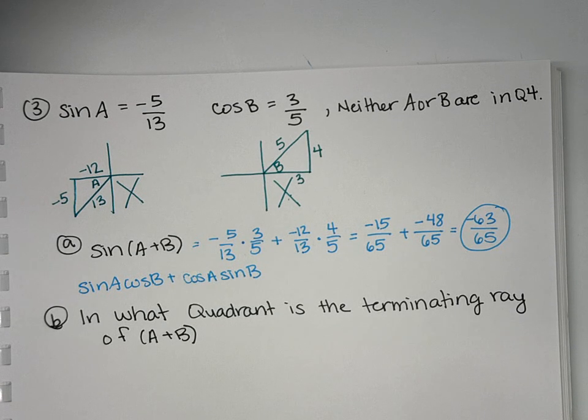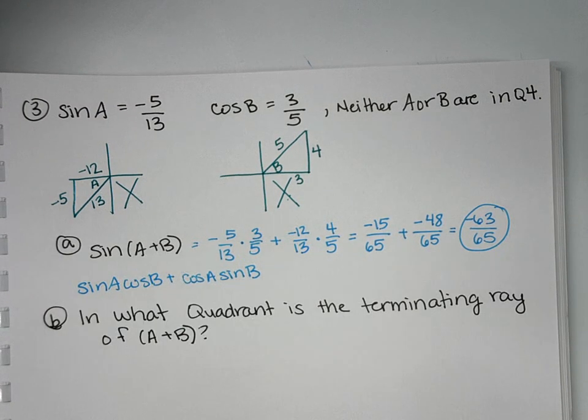So in what quadrant is the terminating side of A plus B? So this is where we have to think about our sine and our cosine of A plus B.